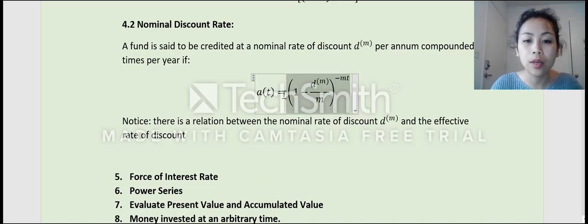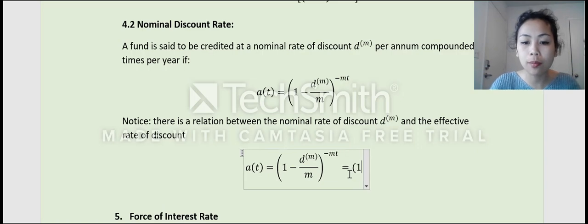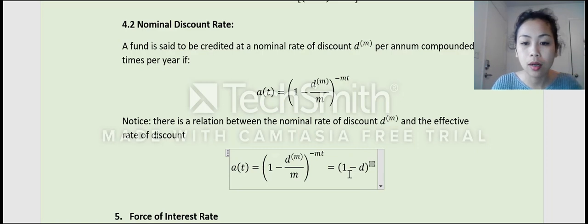So we know that A(t) is equal to (1 minus d^(m) over m), the whole thing to the mt, and this is equal to (1 minus d) to the negative t.